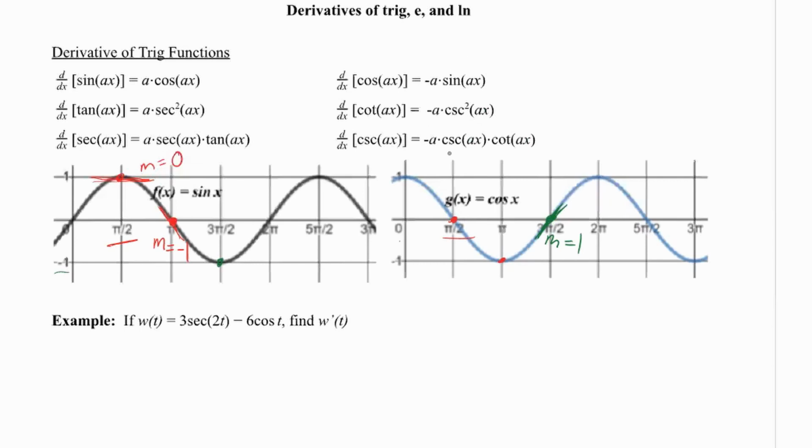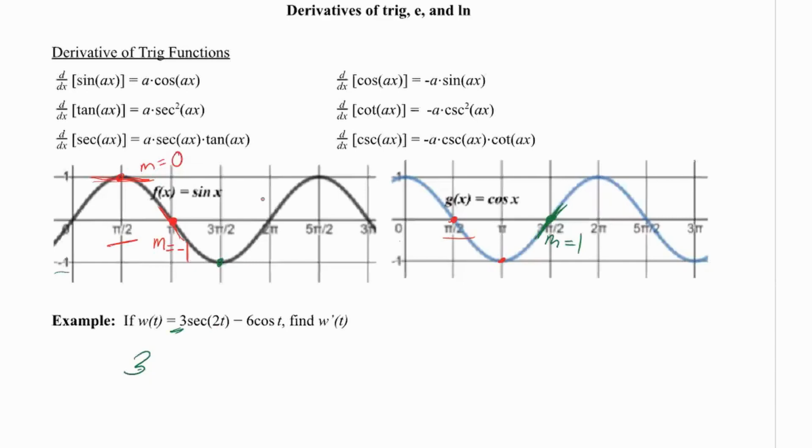Let's do an example. If w of t equals 3 secant of 2t minus 6 cosine t, find w prime of t. So remember, when we have a constant in the front, we can just pull that out using our constant multiple rule. Now we're going to take the derivative of secant 2t.